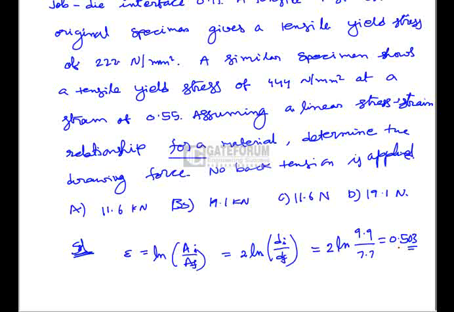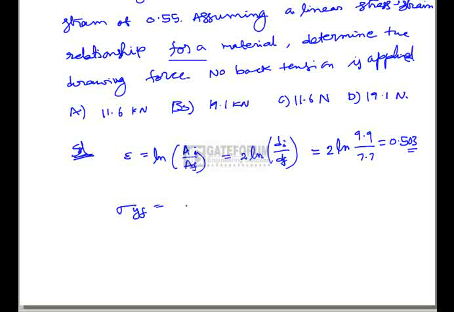So here we got the strain, and now we'll have to find the final stress of the material, that is the yield stress at the end of the operation for the given material. The final yield stress is equal to the initial yield stress plus the yield stress at a strain of 0.55, that is (444 minus 222) by 0.55, into the strain, which comes from the above equation, that is 0.503.